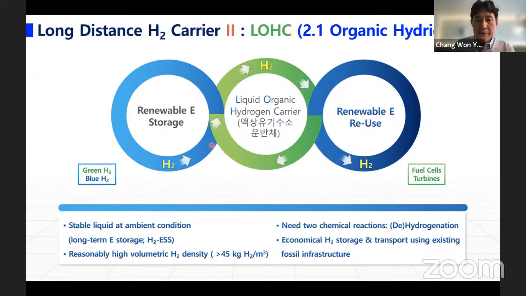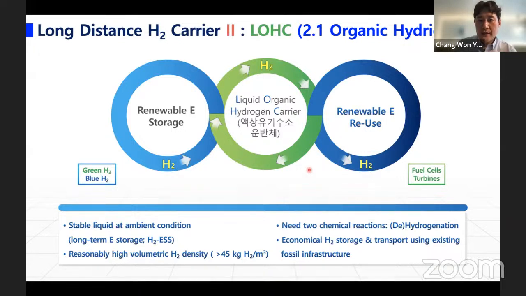And it involves two chemical reactions. What we need to do first is the hydrogenation reaction. Then the hydrogen will be stored in the LOHC form and sent to the desired site.